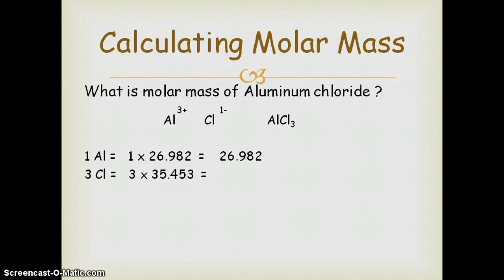So you multiply those together, and we get 106.359. You add those two to get the total mass of 1 mole of your aluminum chloride molecules. Of course, that is in the units of grams per mole.